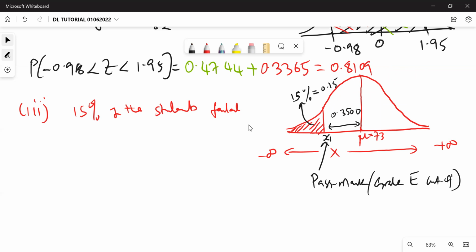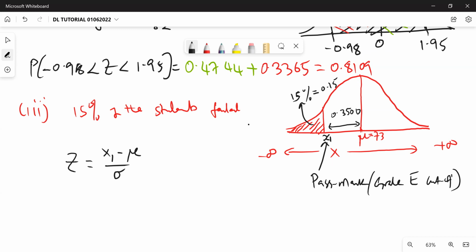Okay. So we can figure out a scenario where we have a Z. We know that Z is always equal to X, I'm calling it X1, minus mu over sigma.